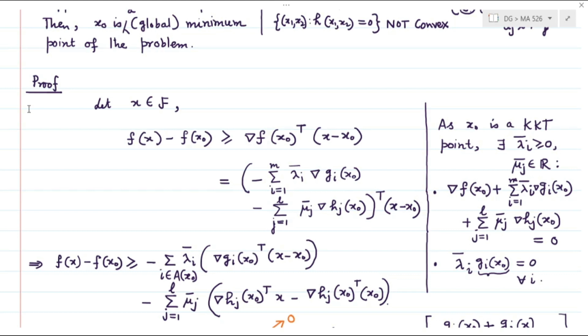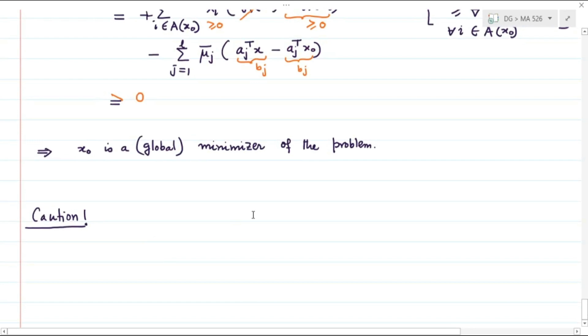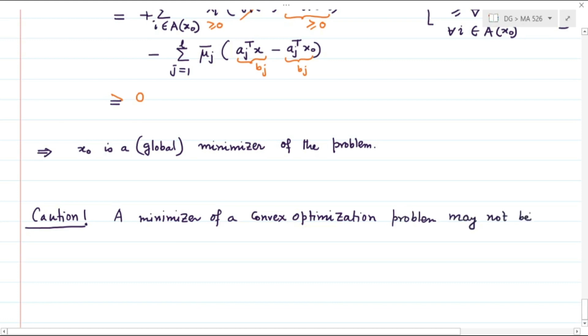However, I have seen that students usually think that any optimum point of a convex optimization problem is a KKT point, but this is not necessarily true. That an optimum point or a minimizer of a convex optimization problem may not be a KKT point.